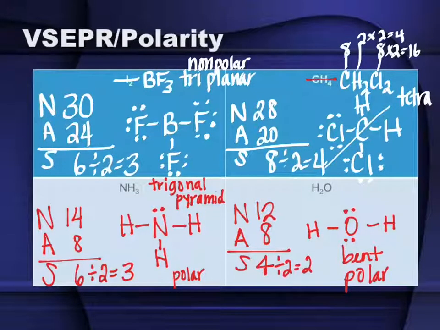But if I draw my line this way, is it symmetrical? No. So it is polar. What if you set it up with the chlorines across from each other and the hydrogens? Yeah, that's what I did. It's still symmetrical.